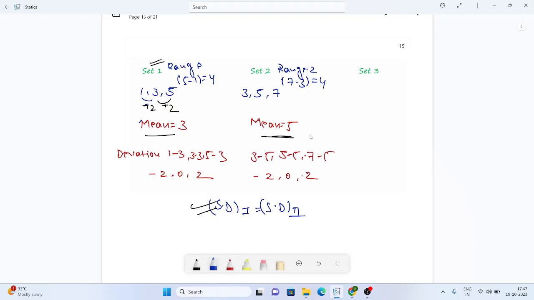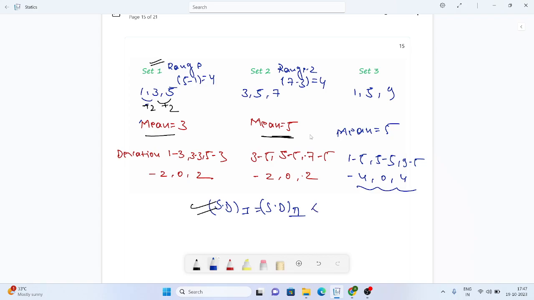Now I take set 3 as 1, 5, 9. So what is the mean of this? Mean is 5. Okay. What if I calculate the deviation? 1 minus 5, 5 minus 5, 9 minus 5, so this is minus 4, 0, 4. So you clearly see that here the data is more dispersed from the mean.